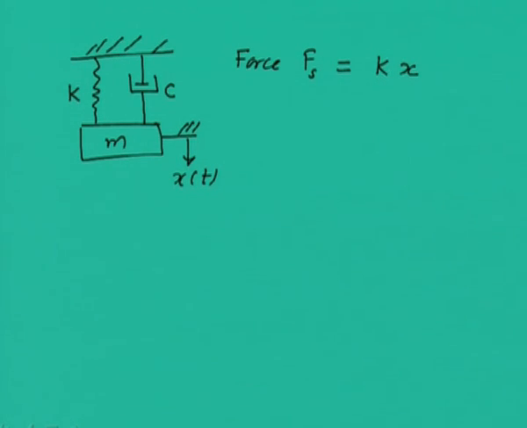because the stiffness is a constant for a particular spring. Similarly, the damping force, which is very difficult to model mathematically. Here we will take a very simple model in which the damping force is proportional to the velocity.